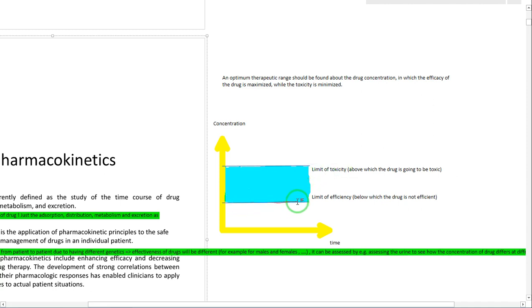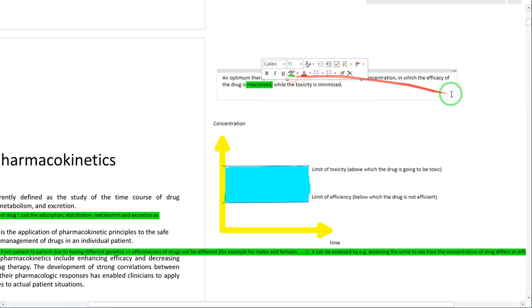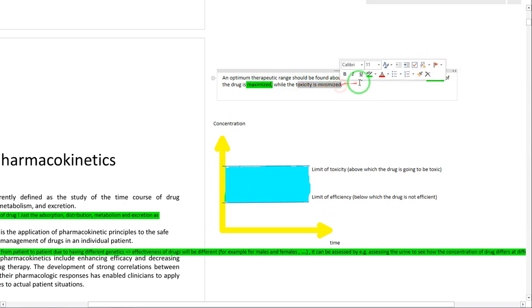However, this limit tells us that if the concentration of drug is less than that, it's not going to be effective and useful. So we have to maximize the efficiency of the drug and also minimize the toxicity.